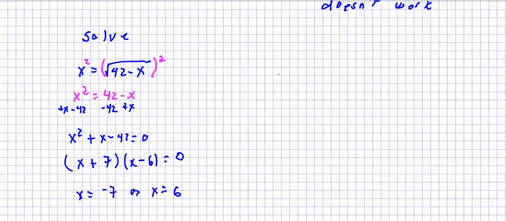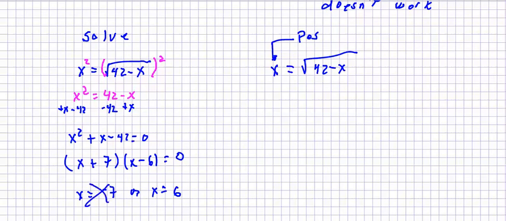But when we go back to our original equation, x equals the square root of 42 minus x, x cannot be negative 7 because the square root must return a positive number. And so we scratch out the negative 7. It can't be negative 7.